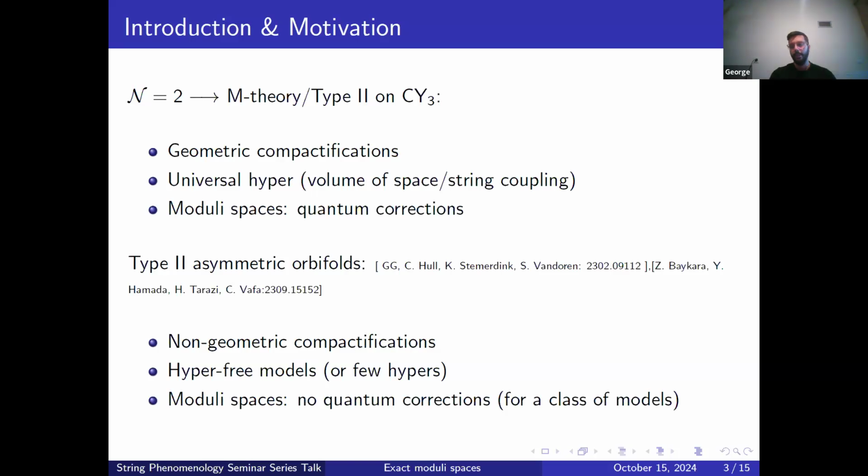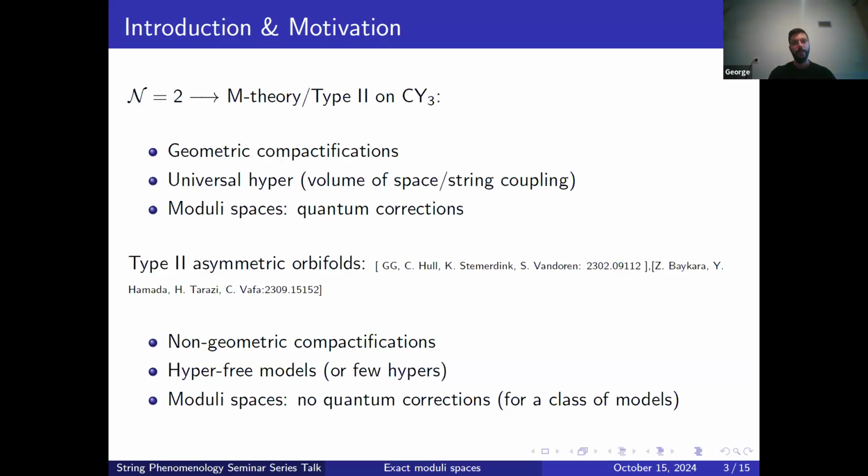Now, as I said at the beginning, today we'll be talking about models with 8 supercharges, and one way to obtain such models, which is greatly studied in the literature, is by compactifying M theory or type 2 theory on Calabi-Yau threefolds. These models have some common characteristics.